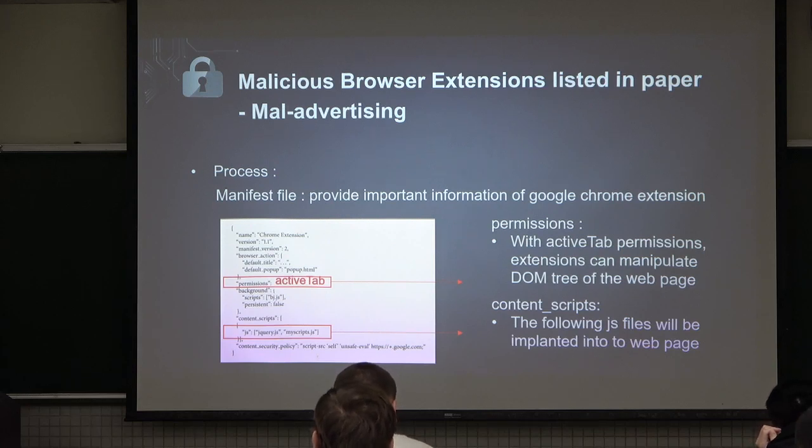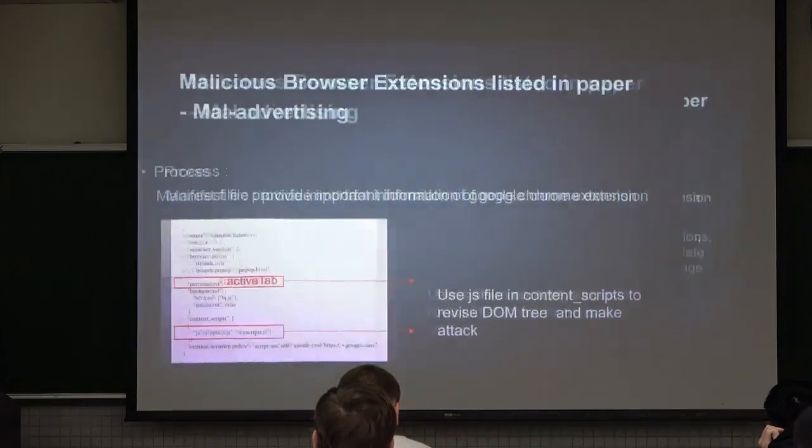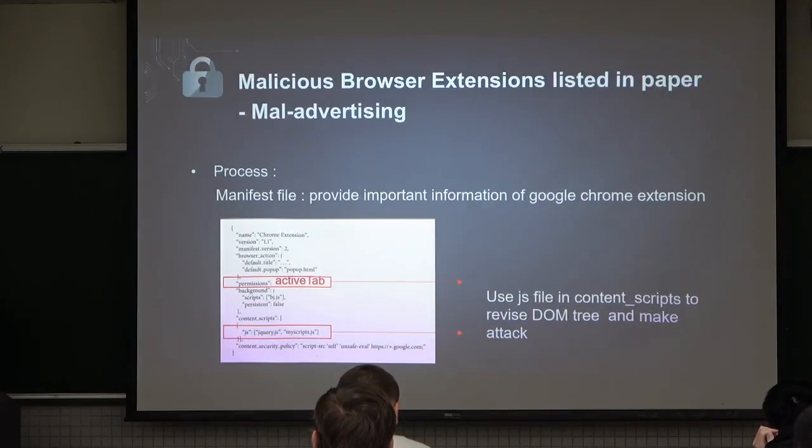So maybe we can combine the permission field and the content script field: when we get the permission of applicants, we can use the JavaScript file in the content script to revise some traits and make a tag.